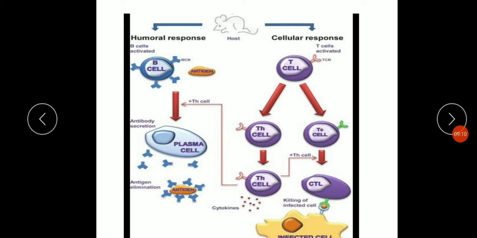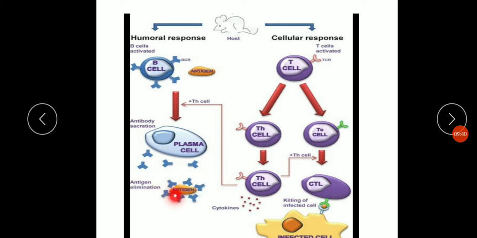As I explained already, immunocompetent B lymphocytes are programmed to recognize a particular antigen, and further they release the antibodies, and these antibodies attach with the antigen, and this immovable antigen is phagocytosed by macrophages.